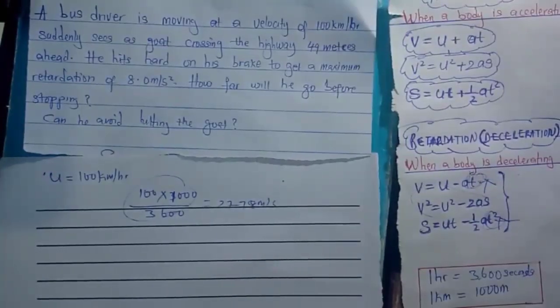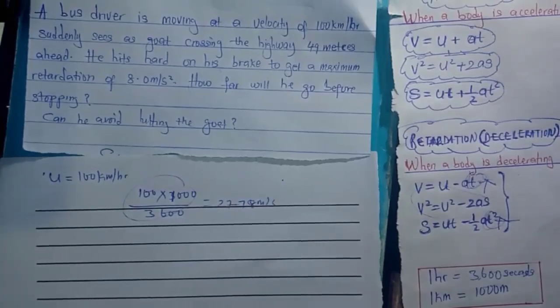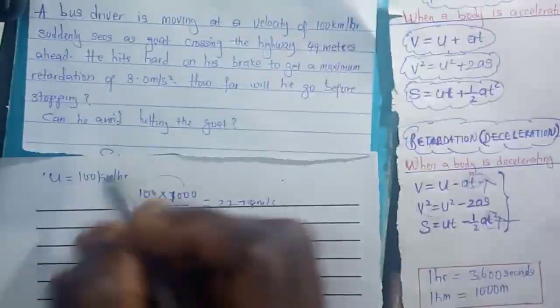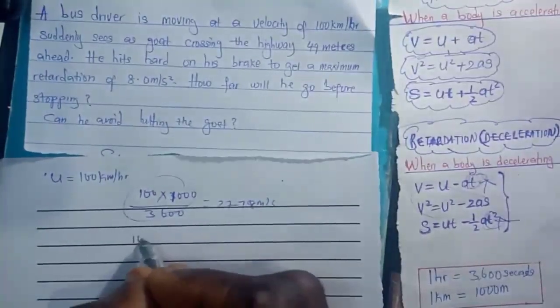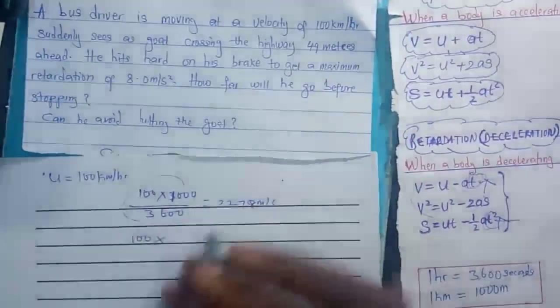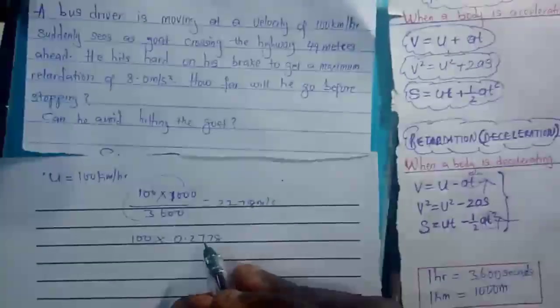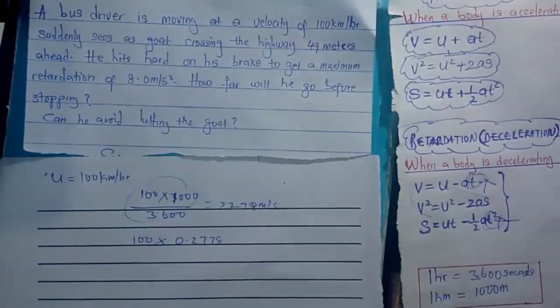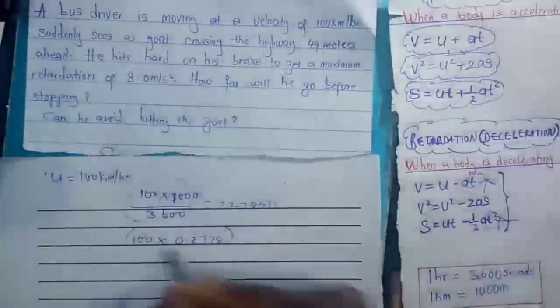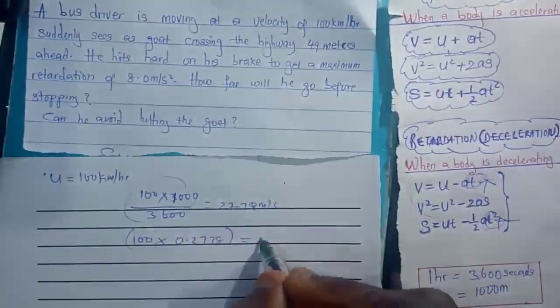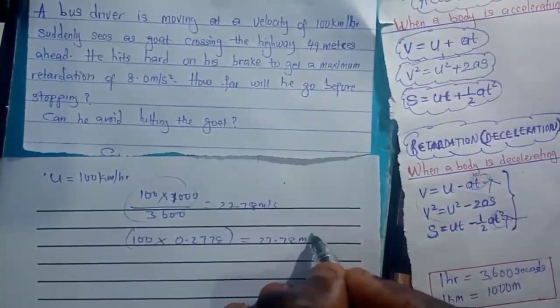But the quickest way I usually use is to multiply the value in kilometer per hour, here 100, by 0.2778. Whenever you are given any value in kilometer per hour and you want to convert to meter per second, simply multiply that value by 0.2778. If you carry this out, you also arrive at 27.78 meters per second.